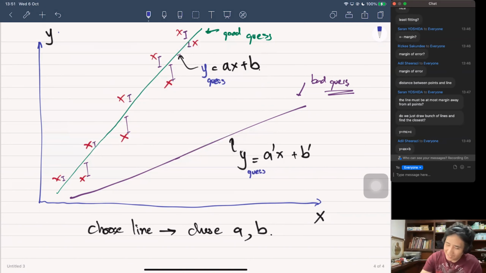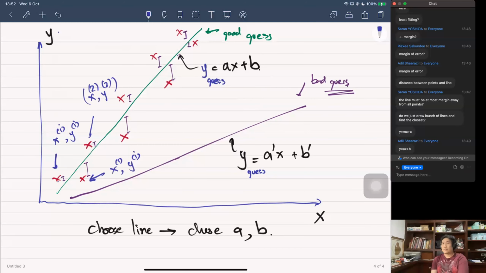Each data point I'm going to call X_i, Y_i. So you can call this X0, Y0, this X1, Y1, and X2, Y2. So far so good.